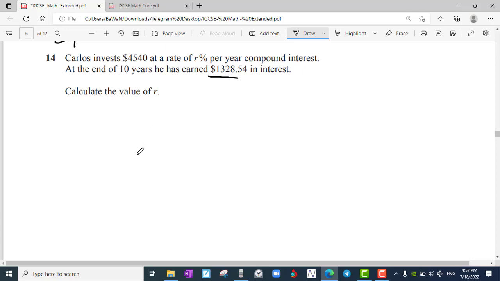Okay, for compound interest, we have a rule which is like this. The initial amount of money which is invested multiplied by 1 plus, because the money increased, we write 1 plus. If it's decreased, we write minus.